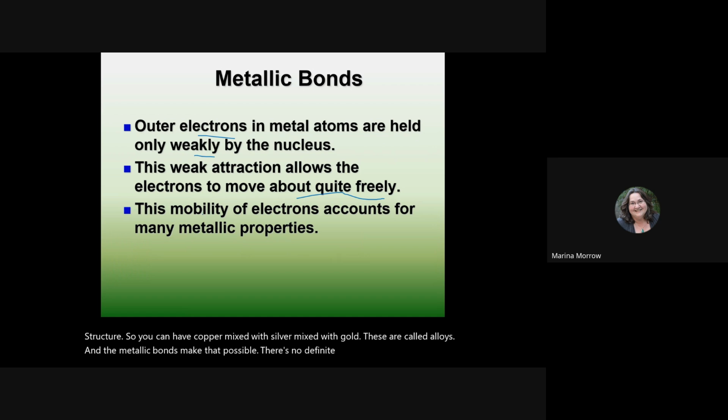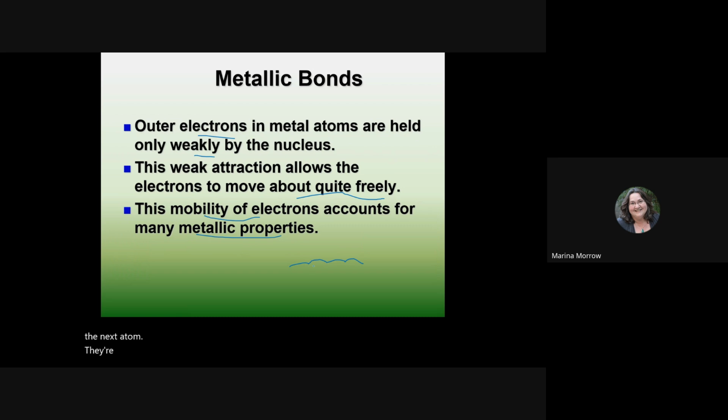Anyway, mobility of electrons accounts for many metallic properties, such as the idea that metals conduct electricity, because the electrons can flow from one atom to the next atom to the next atom. They're also good conductors of heat for that same reason. Electrons can flow and carry heat energy with them. So electricity and heat flow.